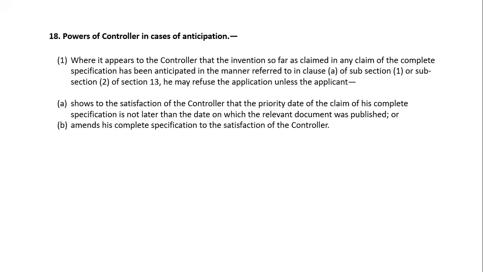I am unable to understand, can you please repeat it again? Sure. Suppose you have done a prior art search before filing of your application, but after completion of your prior art search, you have applied for the patent, right? Now your patent is published, and during the examination, the prior art documents are cited by the controller.